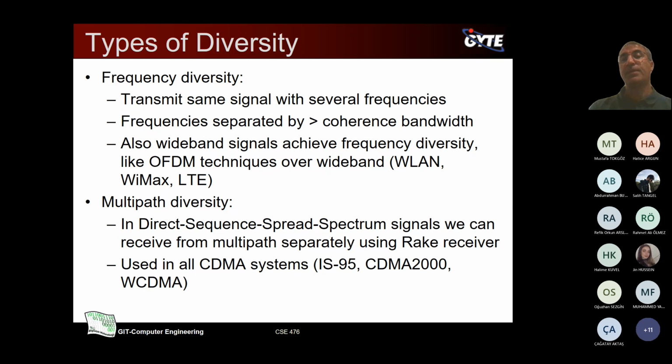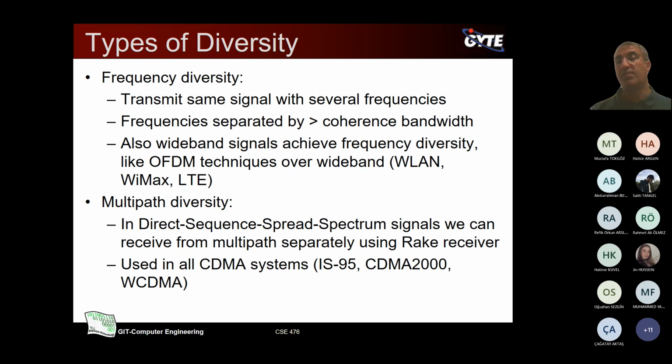Frequency diversity: we transmit the same signal with several frequencies. So the same signal over several different frequencies, F1, F2, F3. And these frequencies are separated by at least the coherence bandwidth.